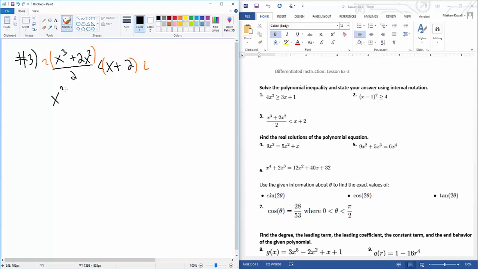And so you're going to get x cubed plus 2x squared is less than 2x plus 4. Then bring everything to one side. Now that's compared to 0, now you do your p's over q's. And then you do the same thing like number 1. You put all your zeros on a number line, etc.